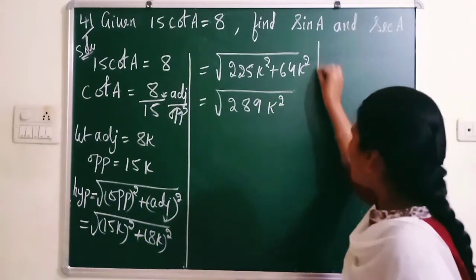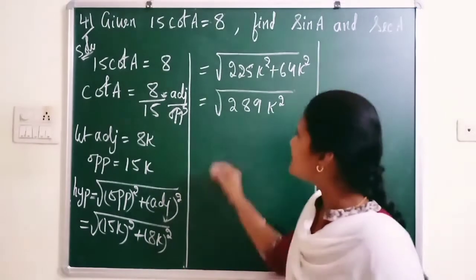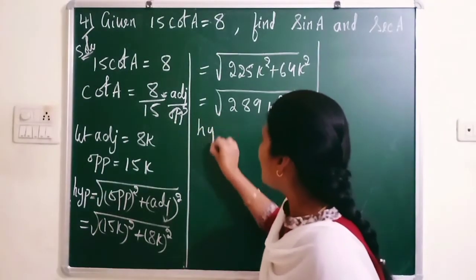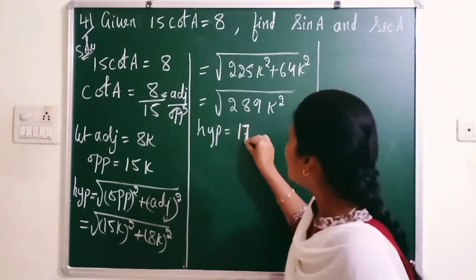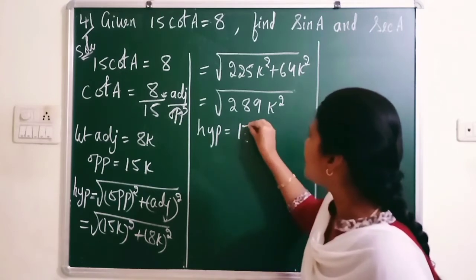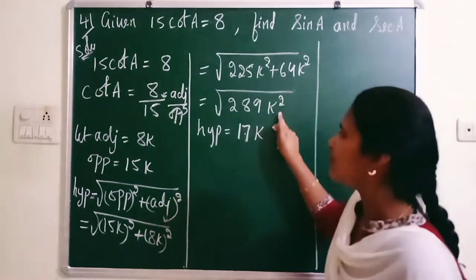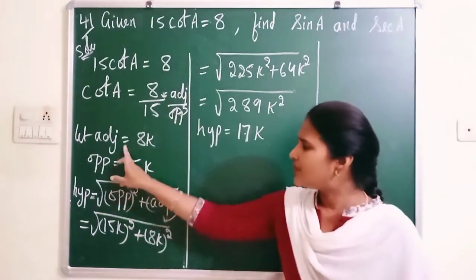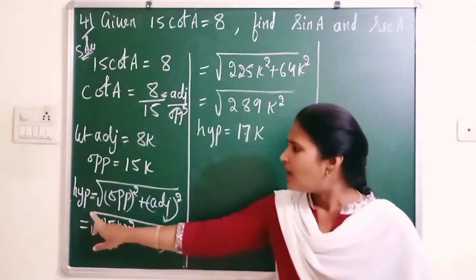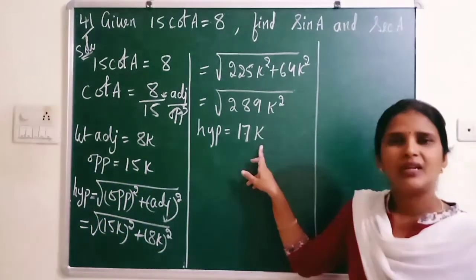So what is 289? The square root of 289 is 17. So we got hypotenuse as 17k. The square root of k square is k. So in this way, we got all three: adjacent and opposite were given, and hypotenuse we found as 17k.